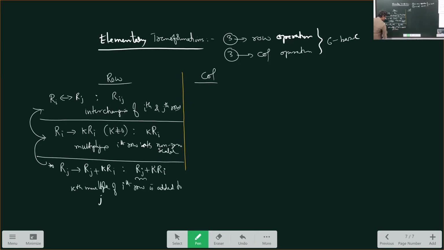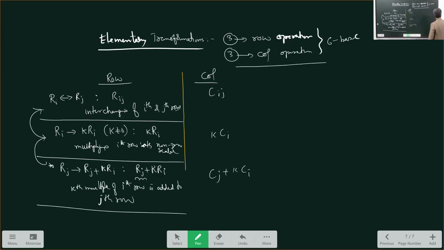Now similarly, I can also write Cij, k times Ci, and Cj plus k times Ci. The similar explanation carries forward with the small change that the row is replaced with the column. So these are the six basic row as well as column operations.